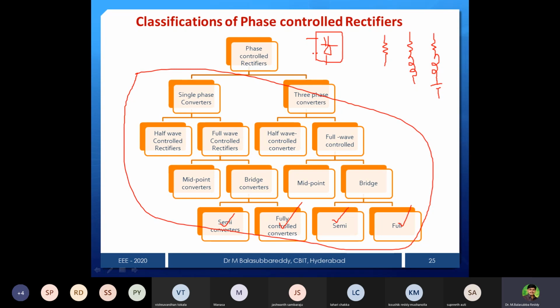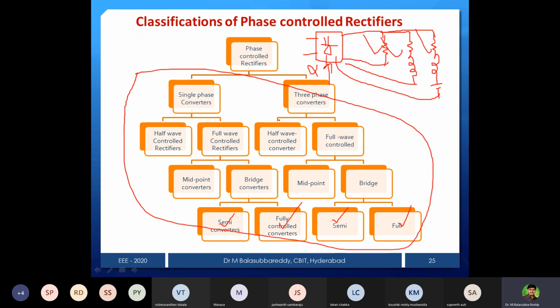Now this may be connected to R load, or RL load, or maybe RLE load. So we will check the performance with different load conditions, and by variation of alpha only we are getting a variable output voltage. We change the alpha and we'll notice what the response is. So that is the complete third unit, phase control rectifiers.